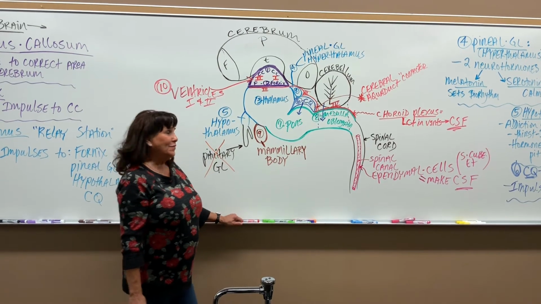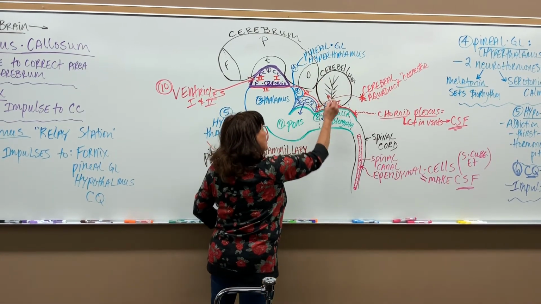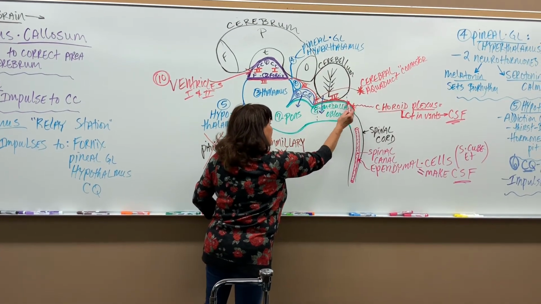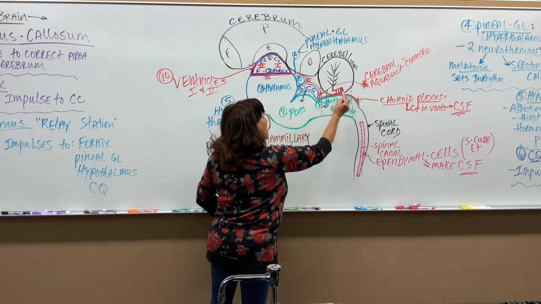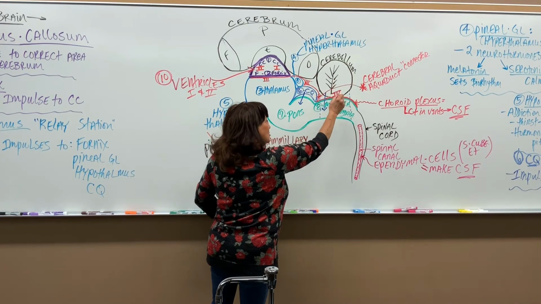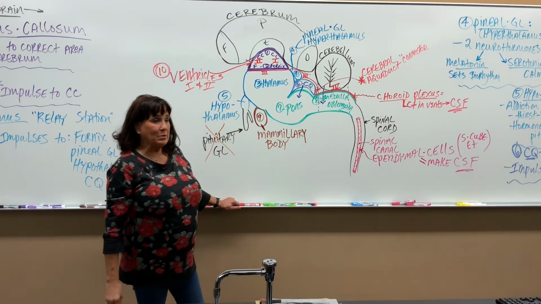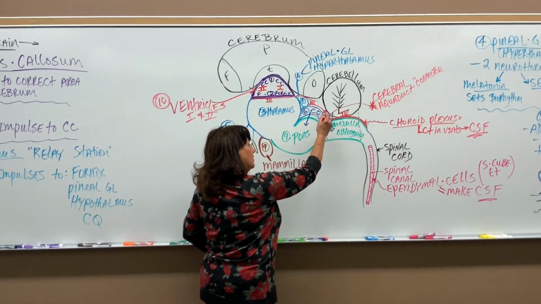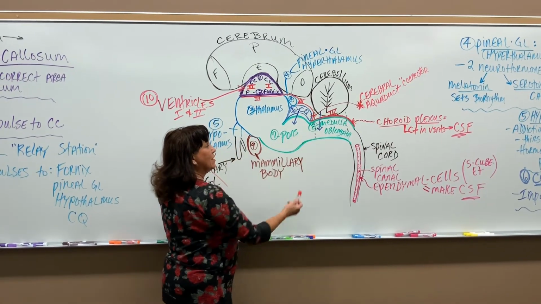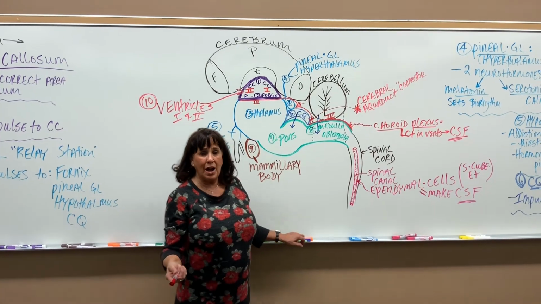And then the last ventricle is always underneath the cerebellum. It's right here, right above the medulla oblongata. There's going to be a space, and then the cerebellum, and so that's ventricle number 4. And then I put a little star right here in this area, because that's called the cerebral aqueduct.